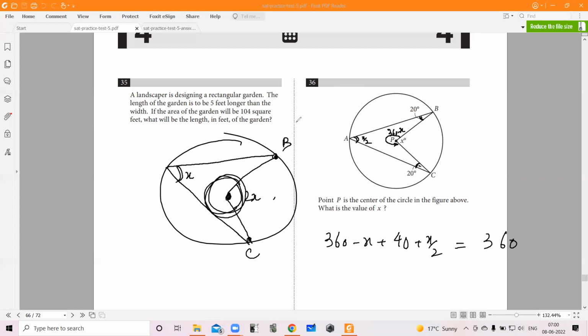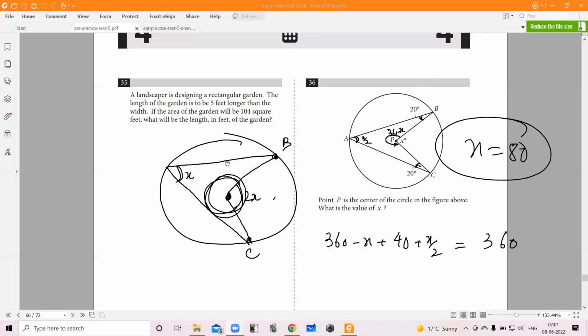Can you do that? Okay, so that would be negative x over 2 equals negative 40, and then x over 2 equals 40, x equals 80. So x equals 80. That is the answer.